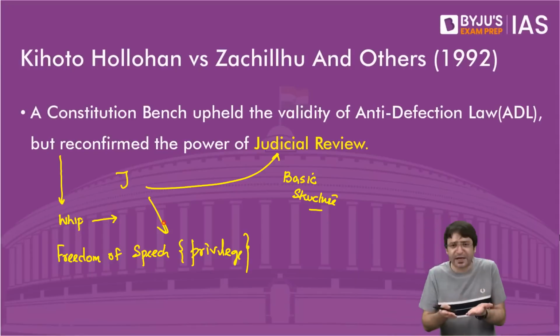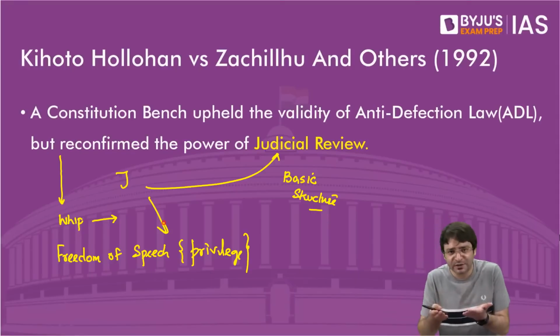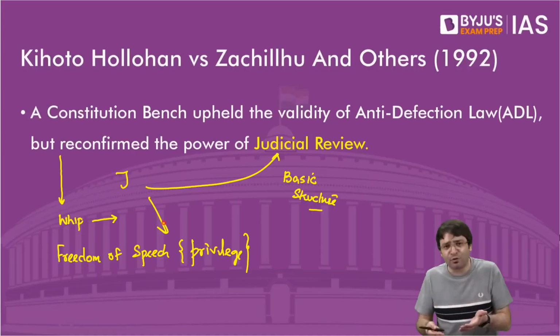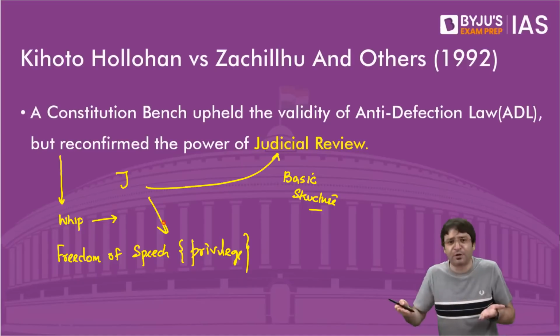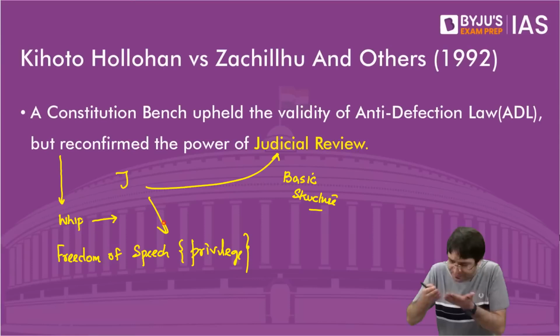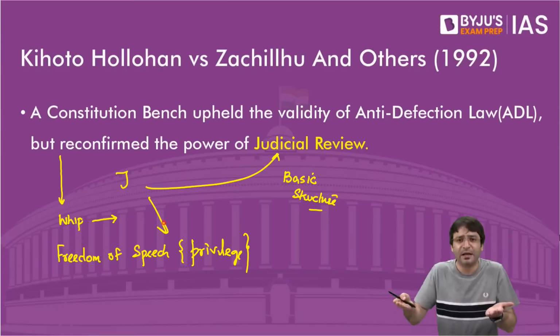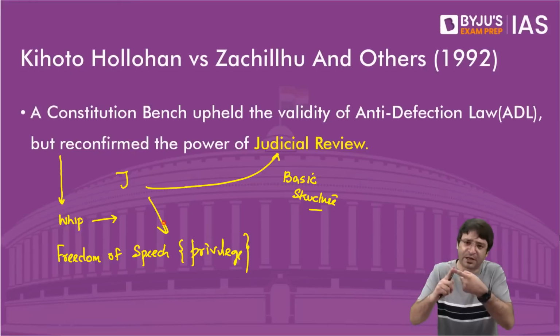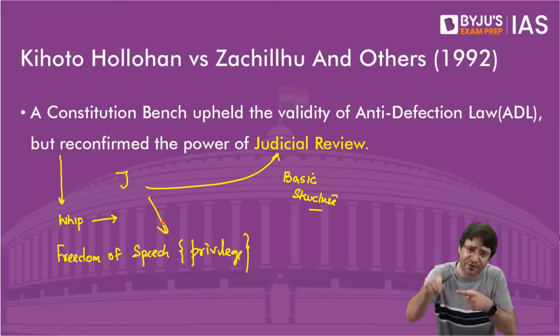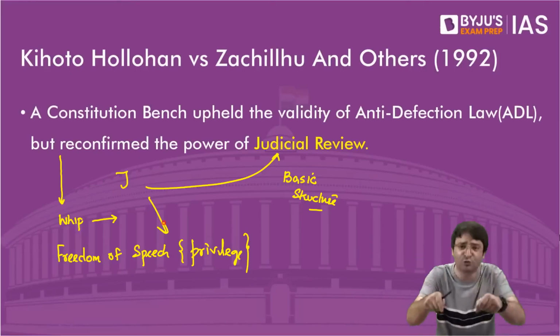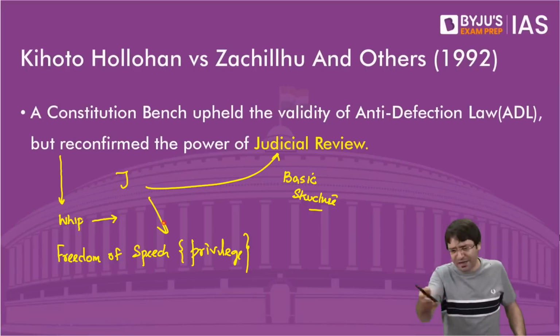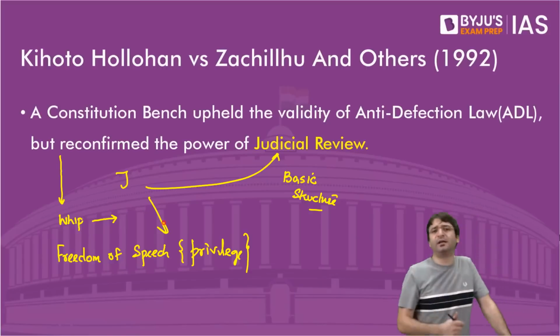Once you took the ticket from them to contest the election, you knew that this is the ideology of that political party. This is the manifesto of that political party. And to implement its manifesto, to implement its ideology, if the political party is forcing you to vote in favor of their agenda, you have to do that. Otherwise, just resign and contest elections again.